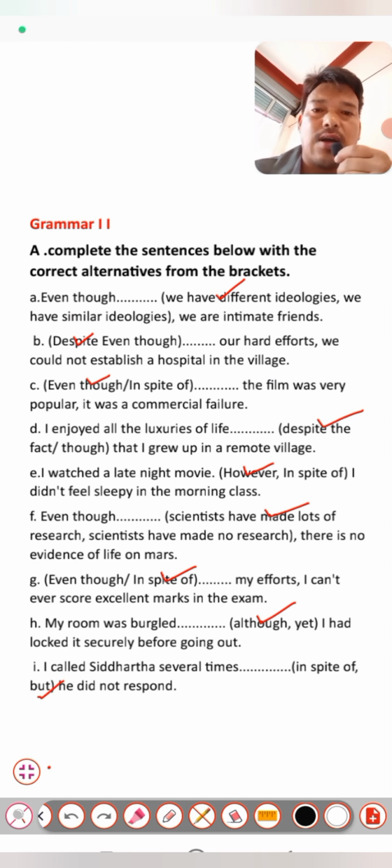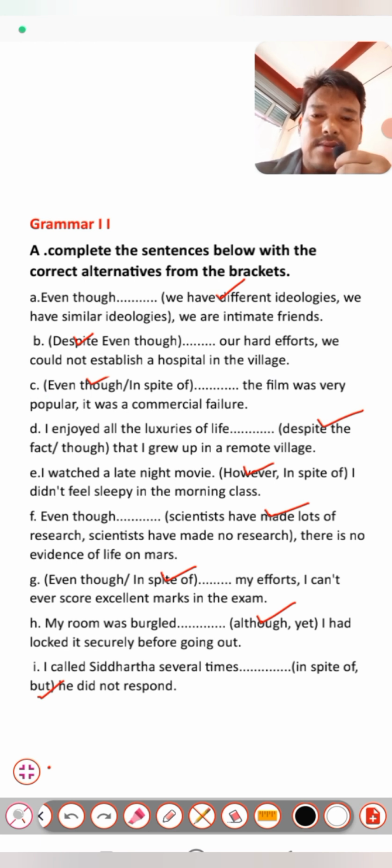Even though we have different ideology, we are intimate friends. In B number, despite our efforts, we couldn't establish a hospital in the village.